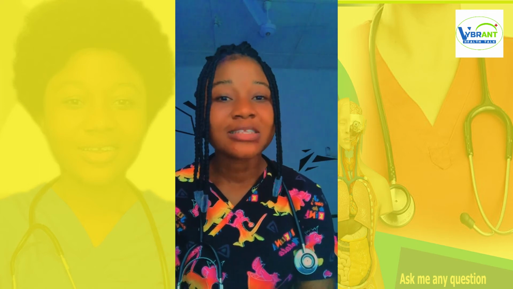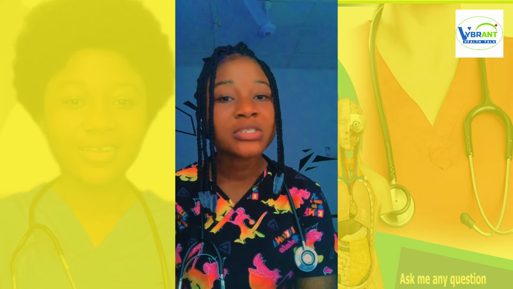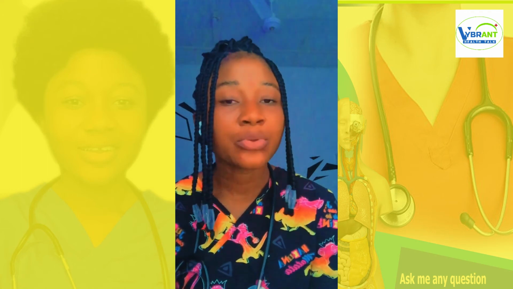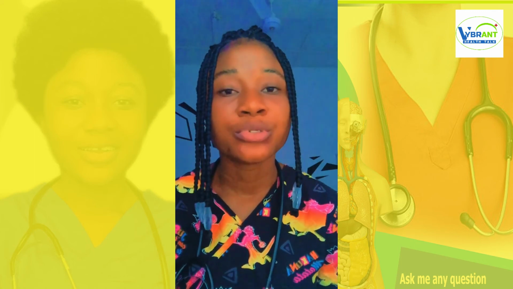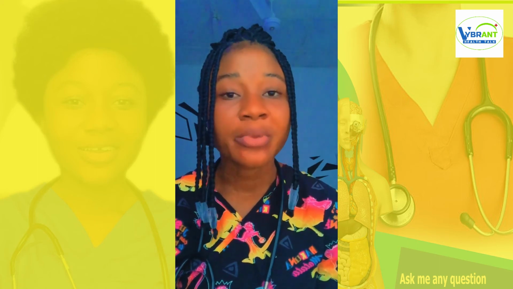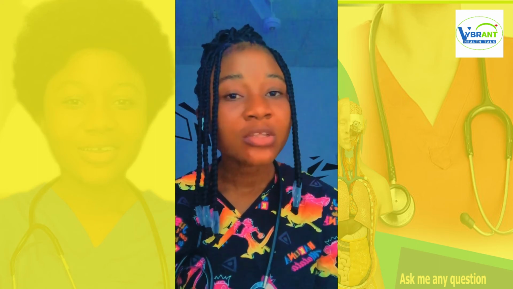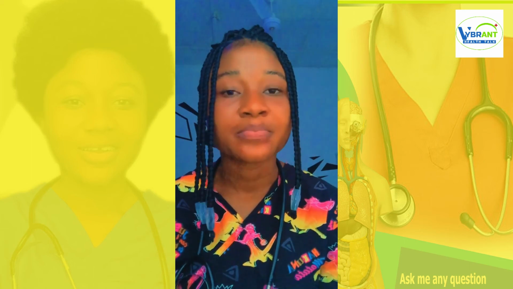Normally, as this fluid is being produced, it has to drain out of the eye through something we call the trabecular meshwork, in order to maintain the normal pressure of the eye.